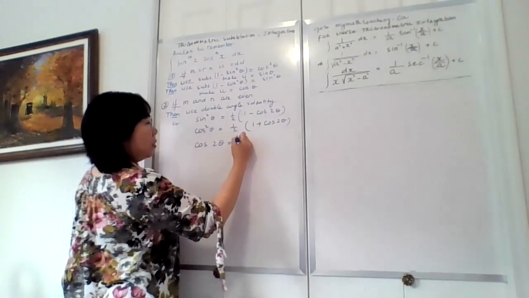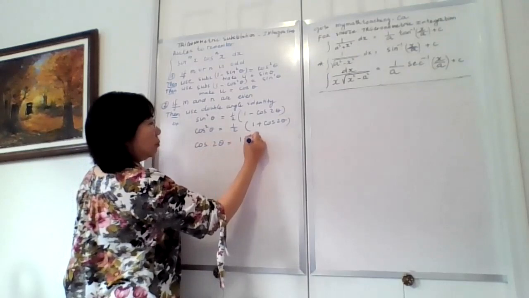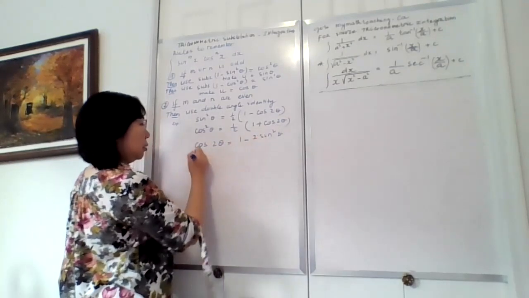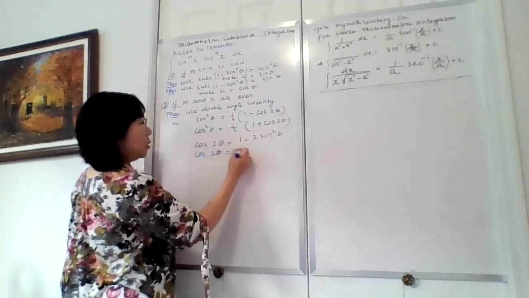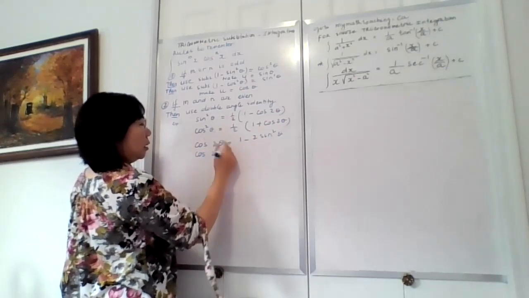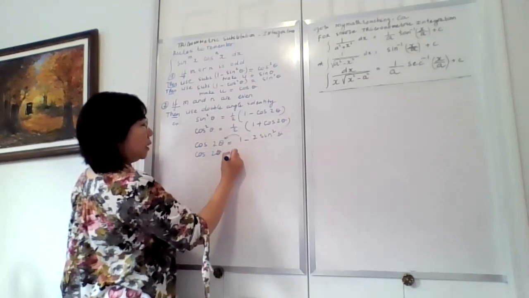The second formula will be cos 2 theta equal 1 minus 2 sine square theta. So then if you bring this over, it will be cos 2 theta minus 1.